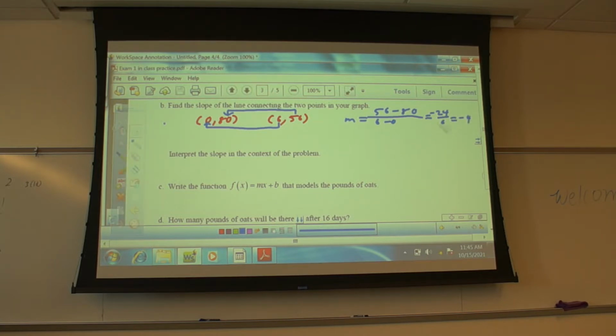And this is y over x, right? So what's y? Pounds of oats. It's oats over days, right? Yes. So it means negative 4 oats per day.